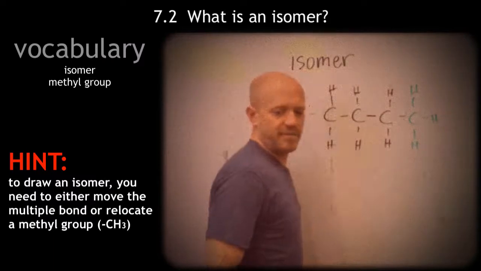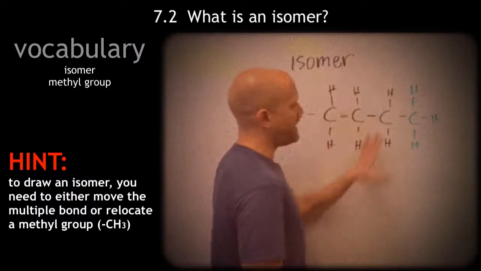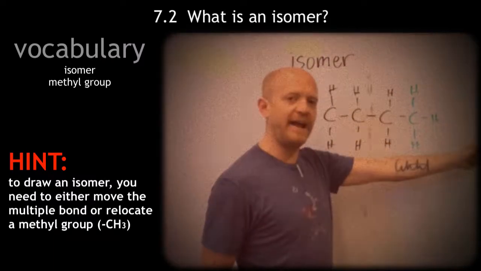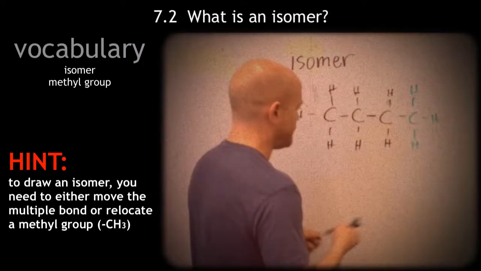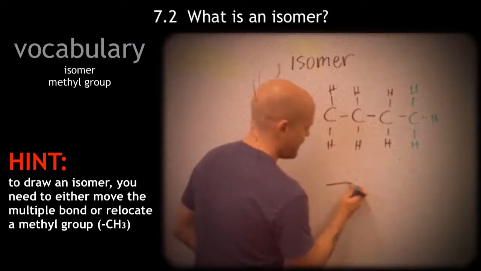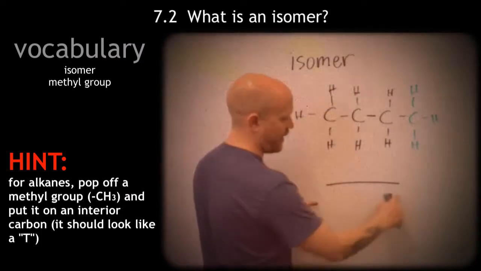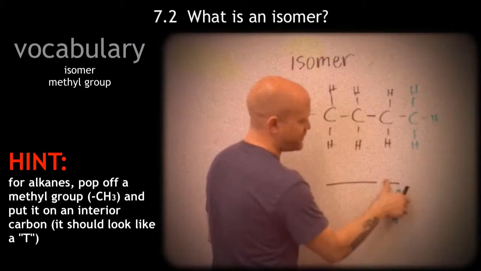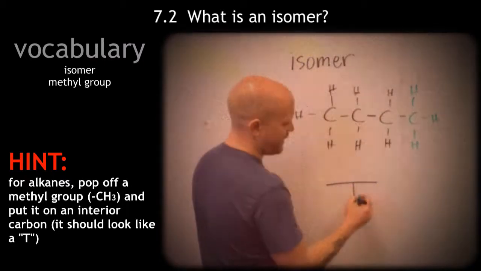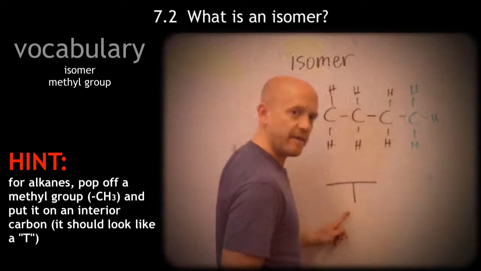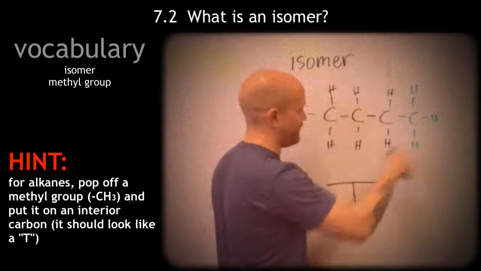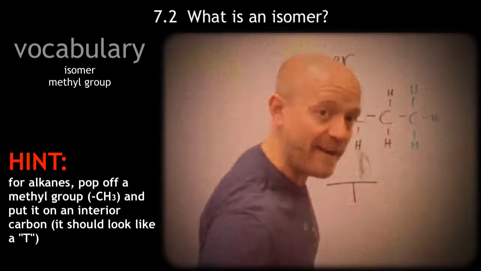Now to make an isomer of this butane, what I could do is pop this one off and stick it somewhere in the middle. So instead of there being a line of carbons, I'm going to have a shorter line of carbons and another carbon sticking off in the middle. This is basically how you make an isomer from a long chain of an alkane.